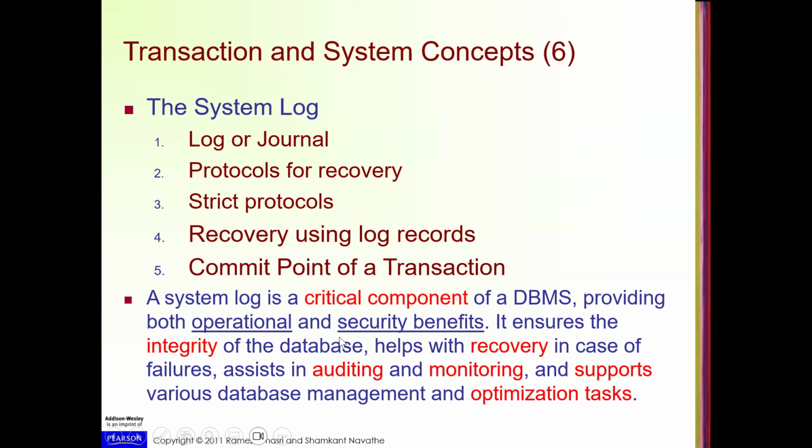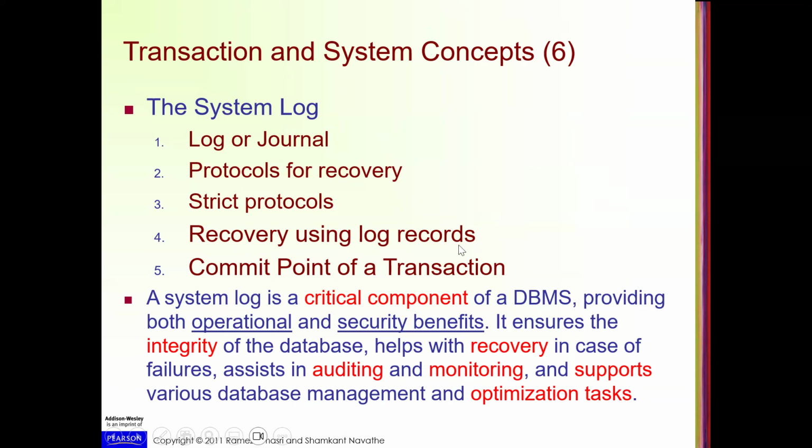This critical component has very important parts. And what are they? Whenever there is a problem in the DBMS and the DBMS crashes, we need to recover. So it has a protocol for recovery. It uses strict protocols.